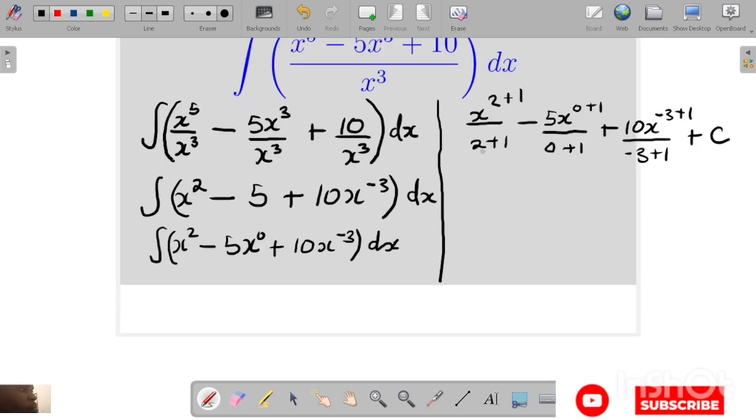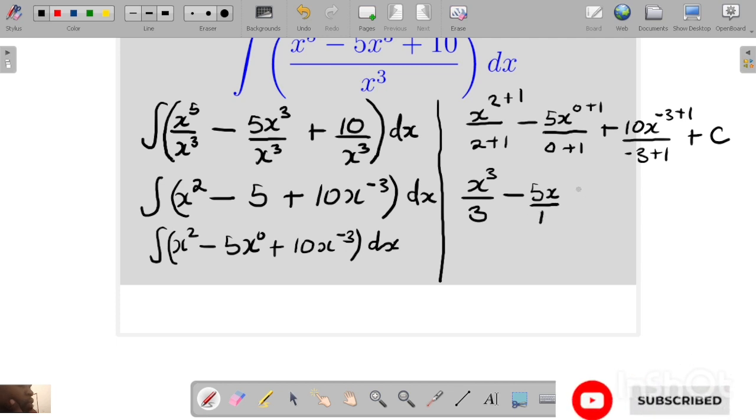So what is remaining now is just to simplify this. You're going to have x to the power 2 plus 1 is 3, divided by the new power, which is 3, minus x to the power 0 plus 1, which is x to the power 1, times 5, so it will be 5x divided by 0 plus 1, the new power, which is 1.